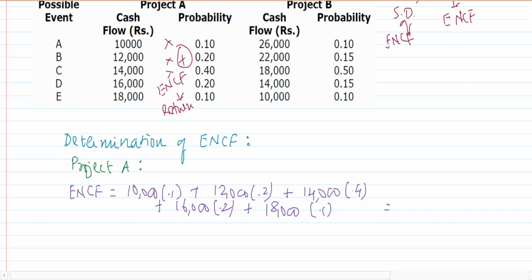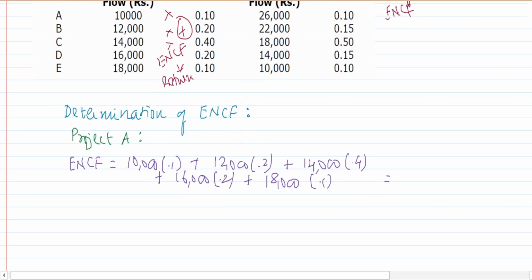So that will be your expected net cash flow for project A. The same thing we will then repeat for project B.